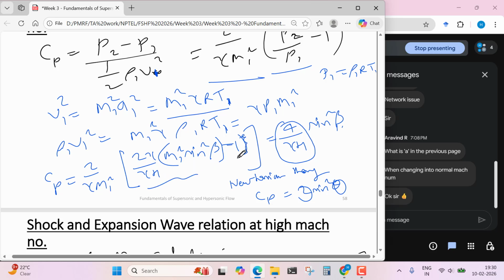As this value is very much higher than this minus 1, we can neglect it. This m1 square will cancel with this m1 square, gamma will cancel, and we will get 4 upon gamma plus 1 sin square beta.